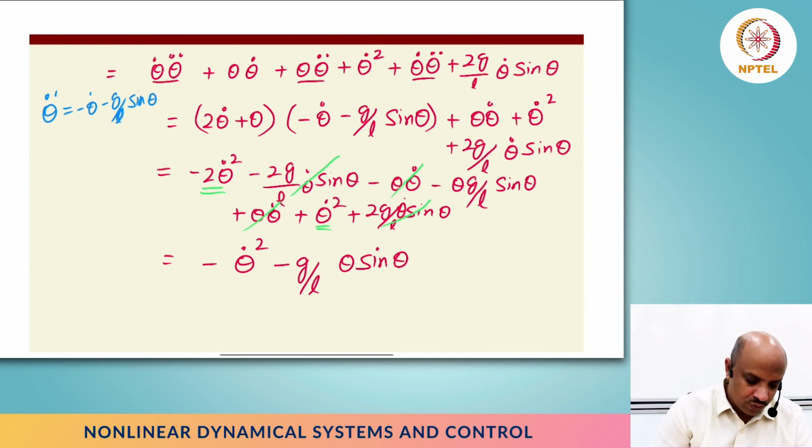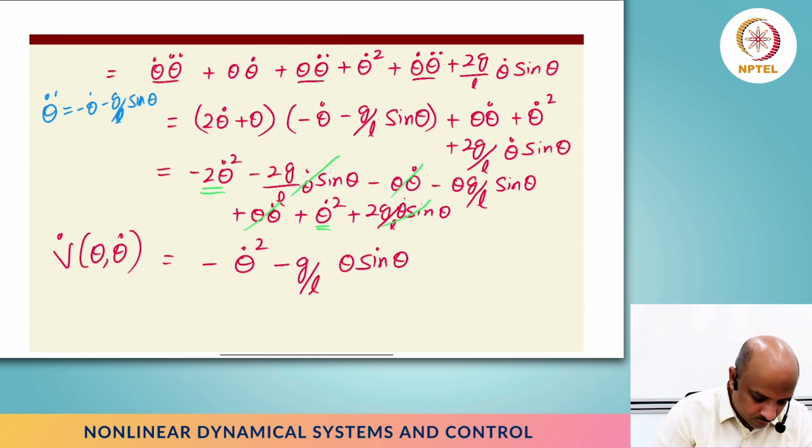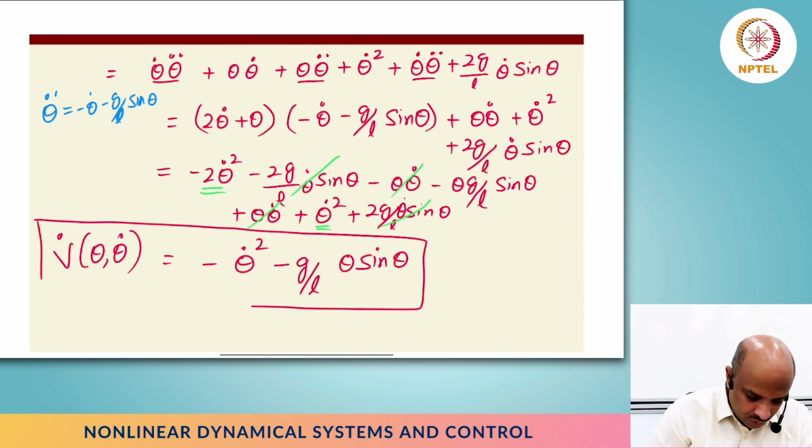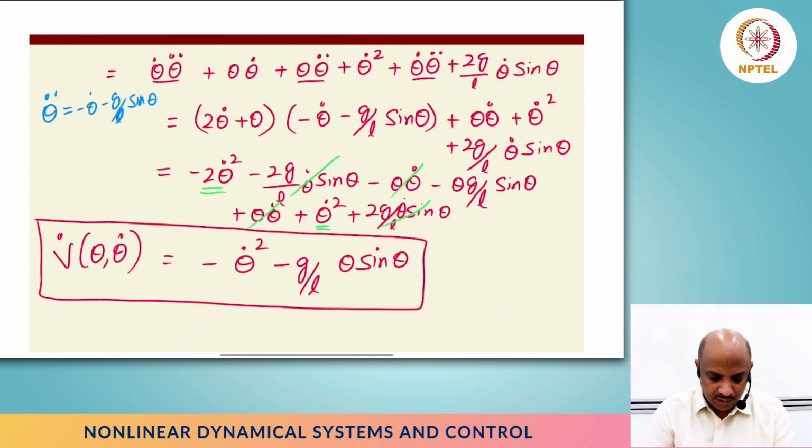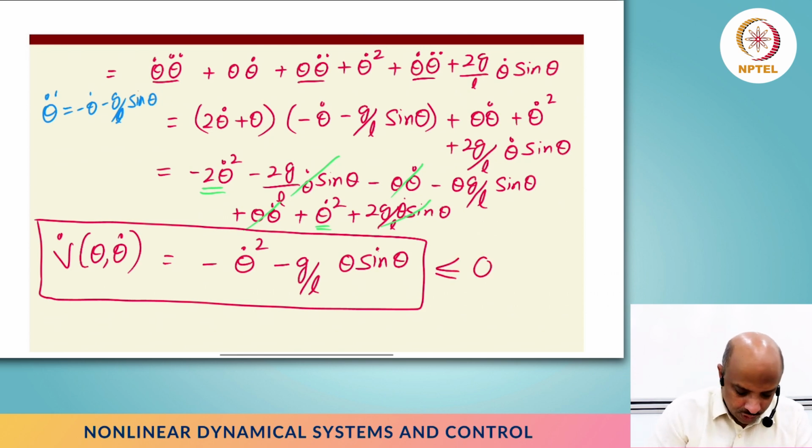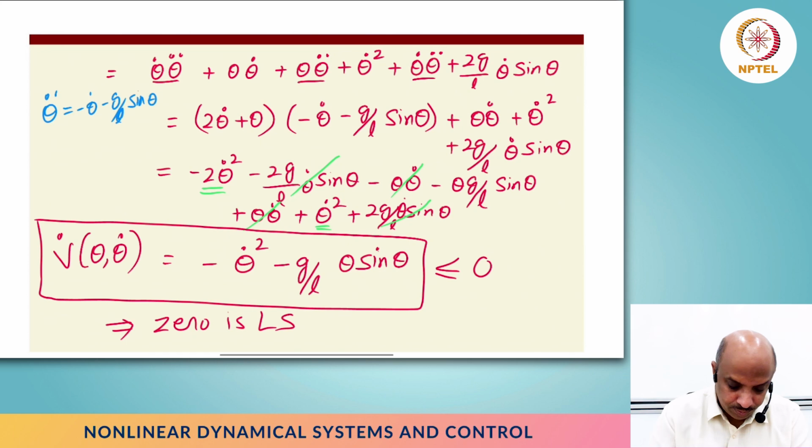Okay, so this is what we have, V dot of theta, theta dot, right? Now what can we say about this? Clearly less than or equal to 0. So immediately 0 is Lyapunov stable. What else can we say? Well, in fact, if you pay attention, when theta dot is non-zero, then minus theta dot square here is going to be strictly negative.